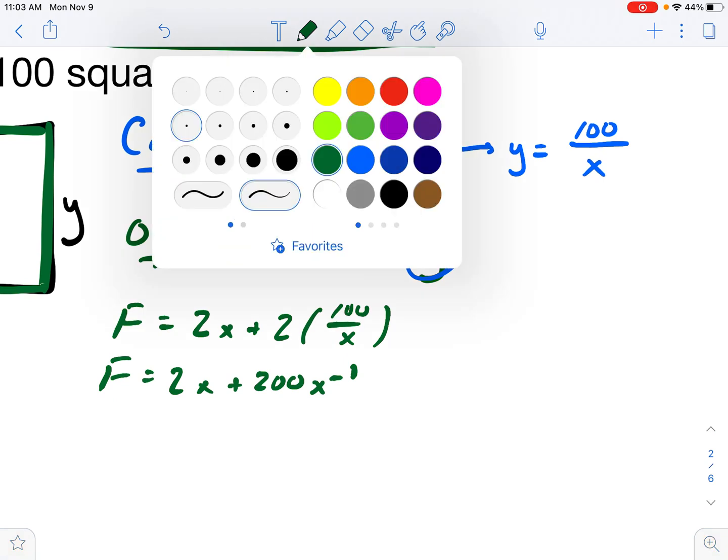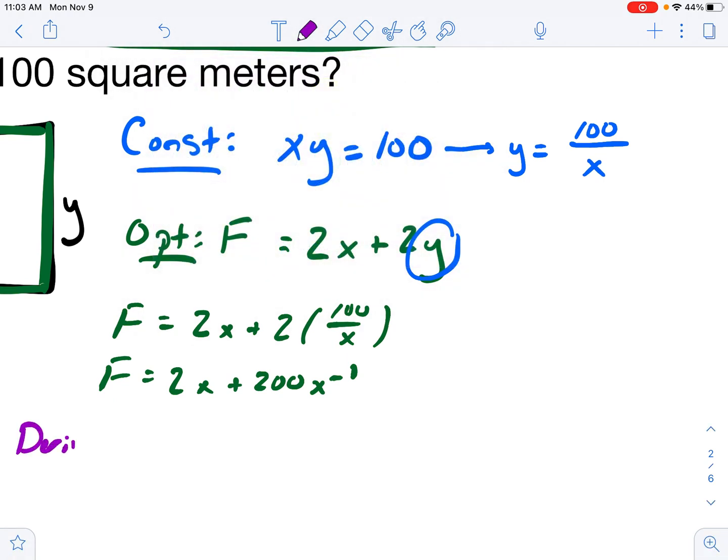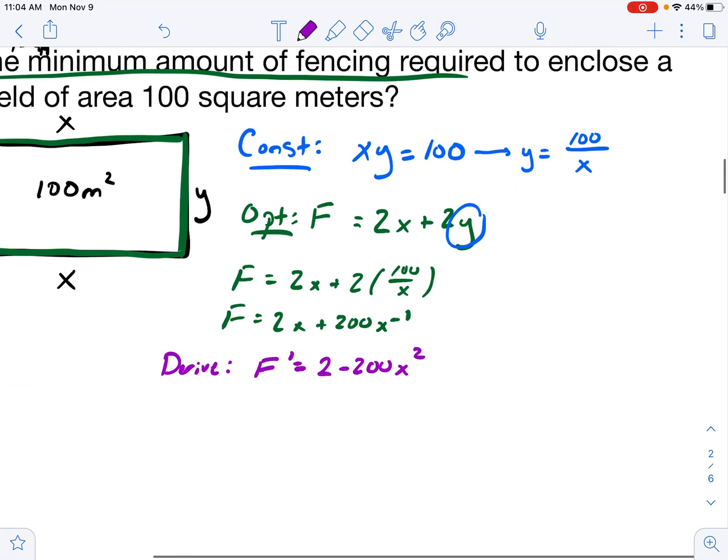Okay, so I'm going to take the derivative with respect to x here. I'll call this f prime, and we get 2 minus 200 over x squared. And now again, we'll set this equal to 0.